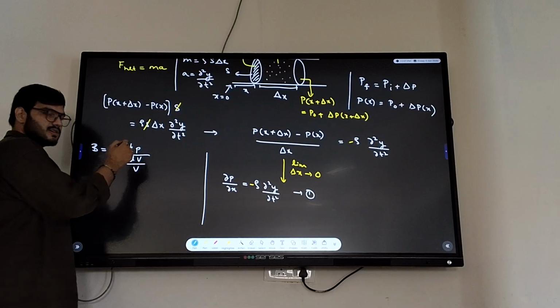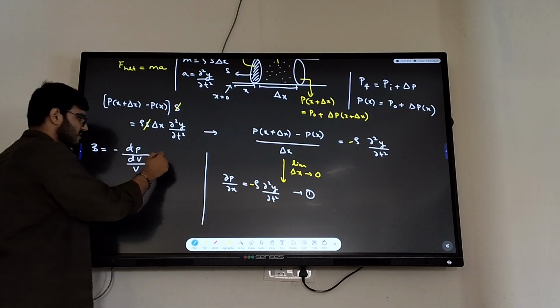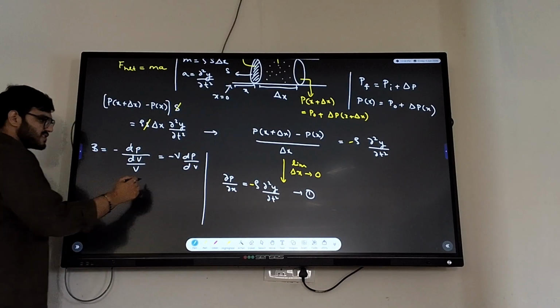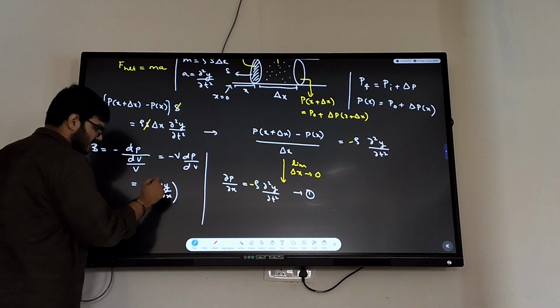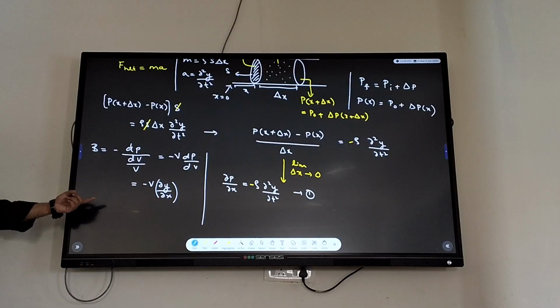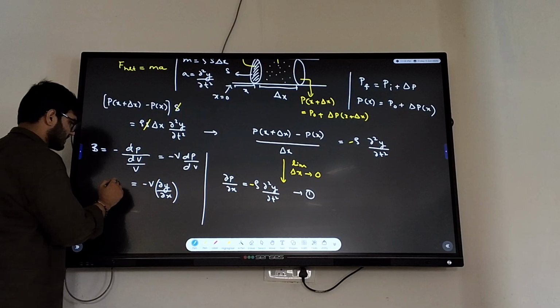This is stress upon strain, right? Volume stress divided by volume strain. So you will get B equals minus V dP by dV. I also found dV to be minus V del y by del x, by the way. Please check. I found this result yesterday. You remember this? Then this is B.